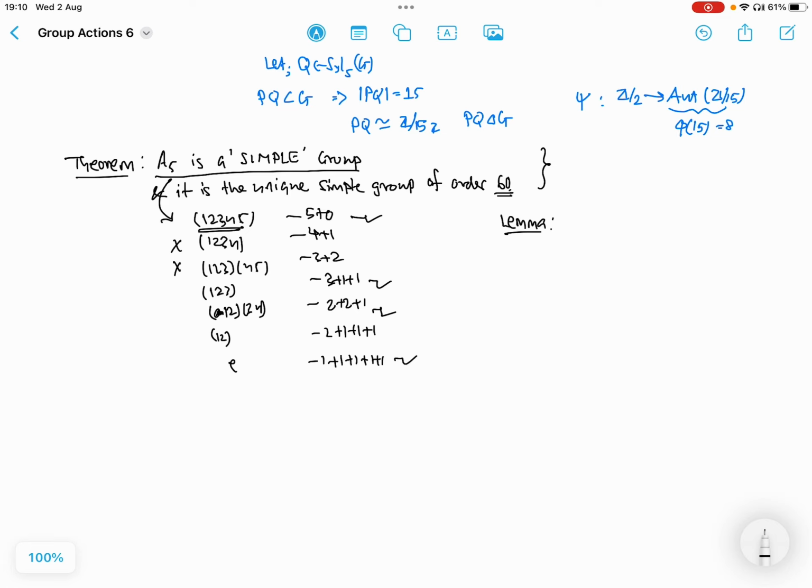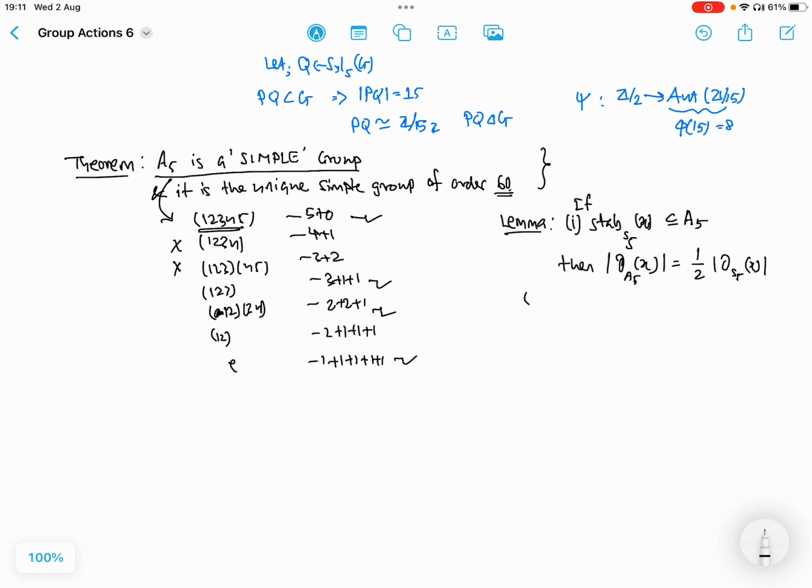Once you are able to answer that question, then the rest of the things are very easy. Okay, so here is the lemma that is doing exactly what we need. Suppose for some element X, the stabilizer inside S5, so here I'm talking about S5, is completely inside A5. If this happens, then the orbit of X in A5 is splitting into two halves.